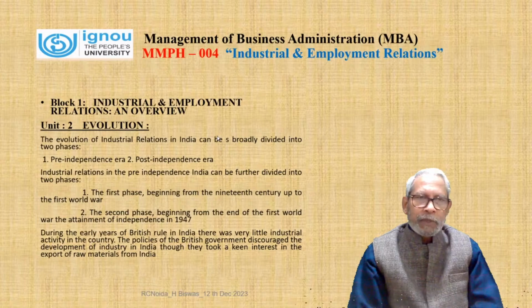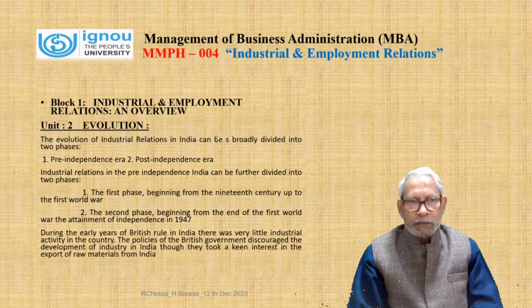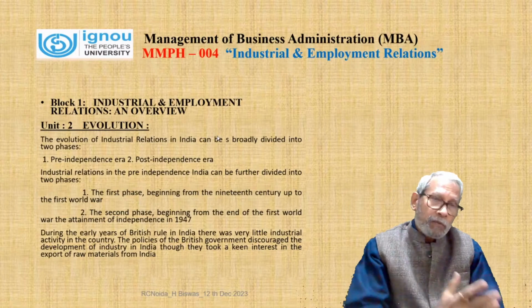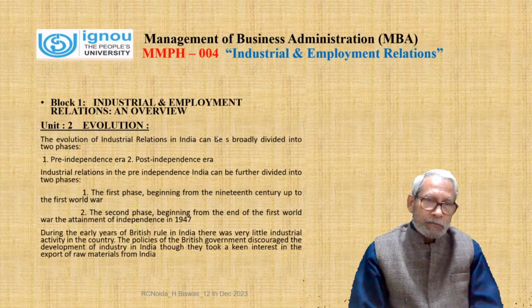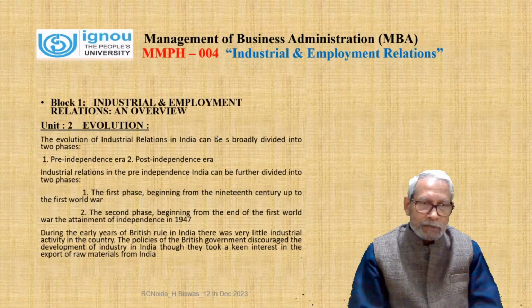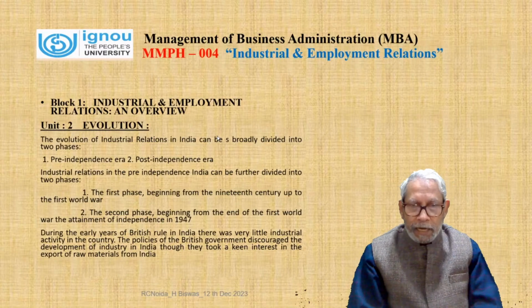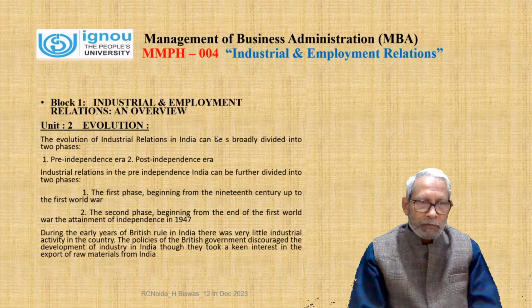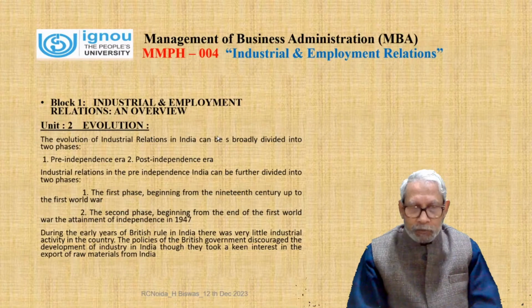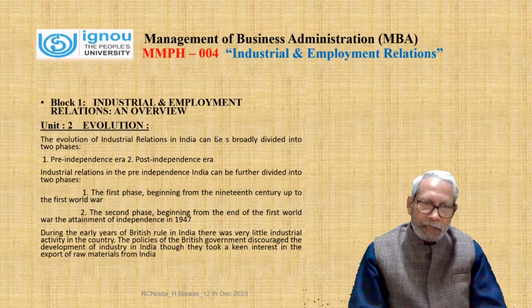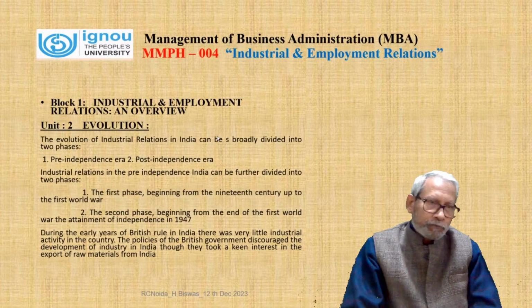The first phase is the beginning of the 19th century up to the First World War, and the second phase begins from the end of the First World War and runs up to the attainment of independence in 1947. So the pre-independence era is divided again into two phases.